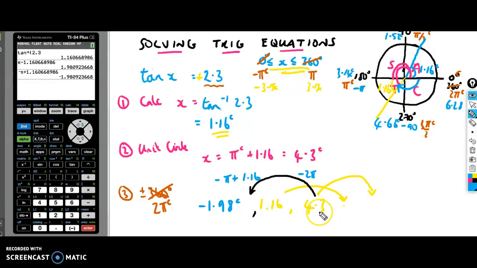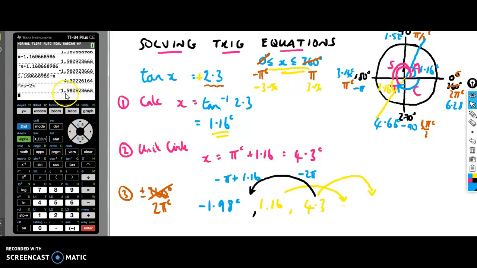We've got this number, which was the 1.16. That number there. Plus pi. There it is. Same number. And now if we go back by 2 pi, we also get negative 1.98.